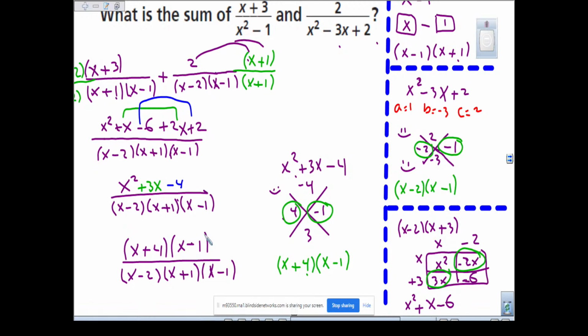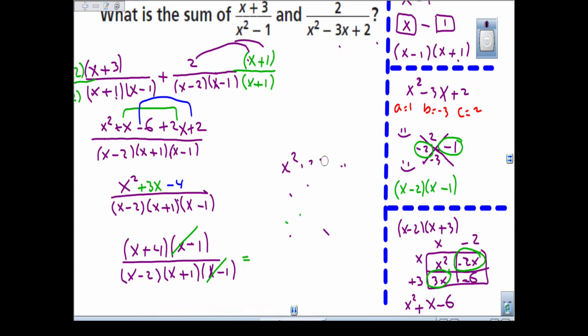I will take this and that, and this is going to simplify with this, and then finally I will end up with, and I'm going to erase this here, x plus 4 divided by x minus 2 and x plus 1.